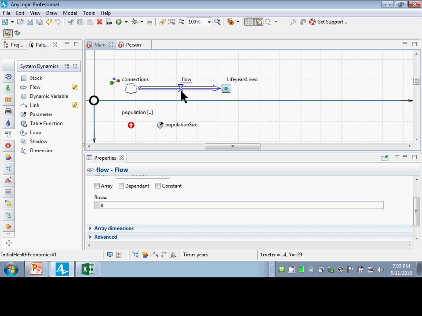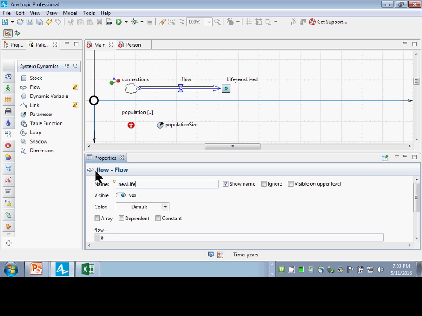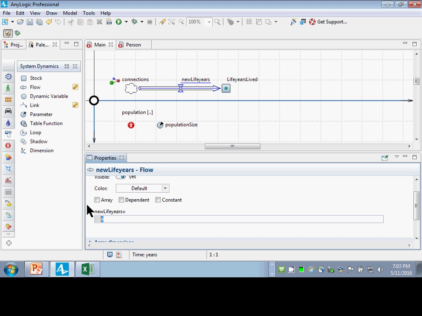Now, I'm going to tell you what the value of the flow is. So with system dynamics, you build a model up out of two basic types of components. There are some that are shorthand for combinations of them.